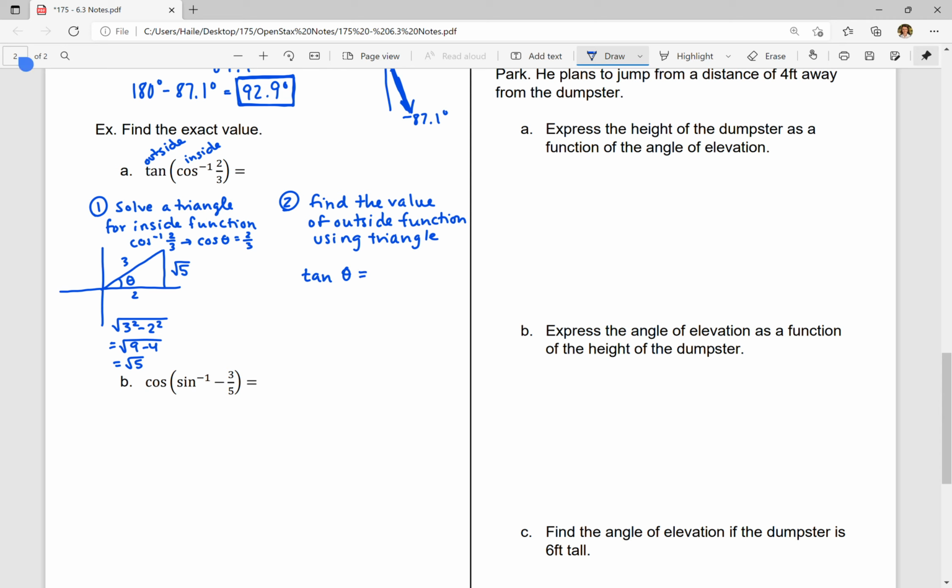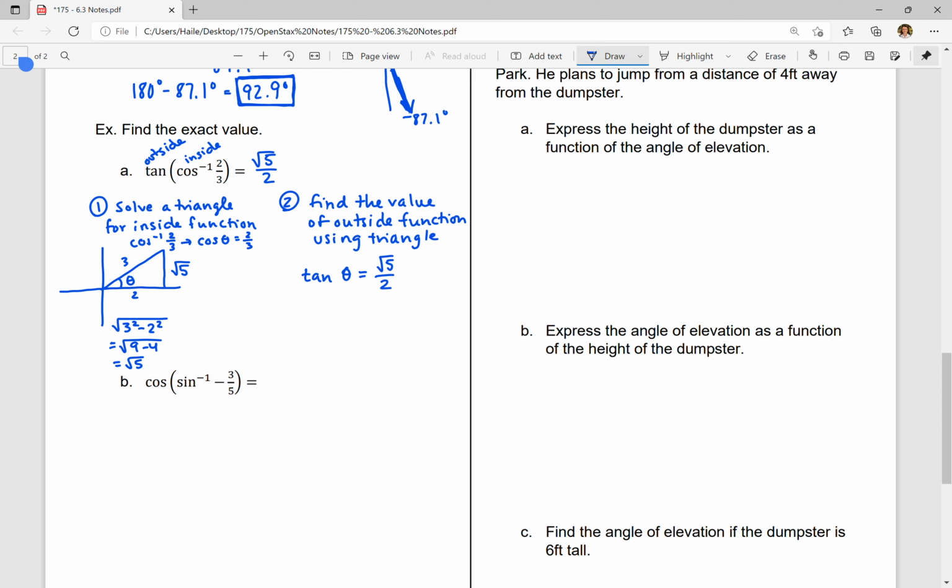And so if we look at our triangle, we get tangent by taking the opposite side divided by the adjacent side. So we're going to have the square root of 5 divided by 2, and this is actually my final answer. So what I did was I took the cosine inverse on the inside, and I turned that into a triangle drawing. Okay, and once I had all three sides of that triangle, then I could find tangent of the angle without actually knowing the angle. So that's probably important to point out.